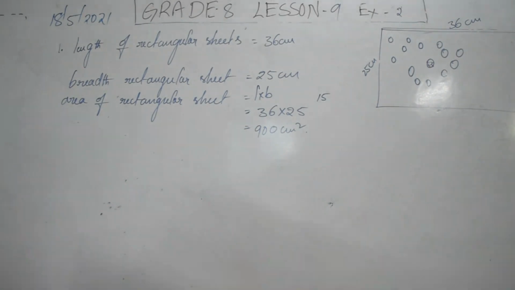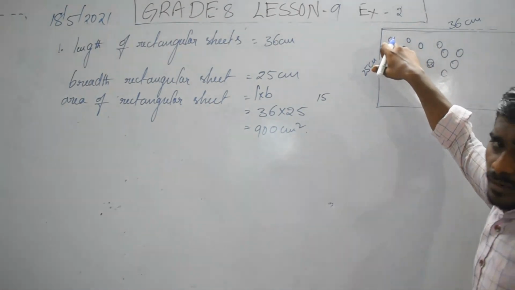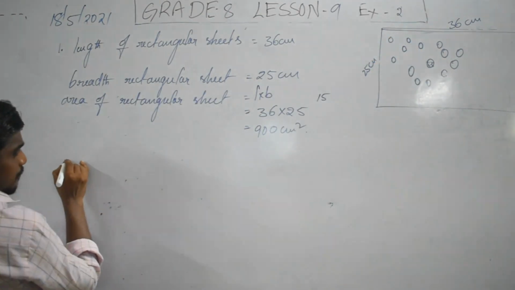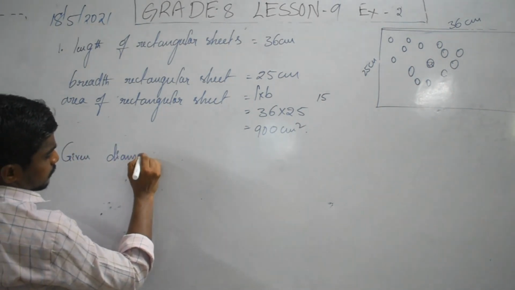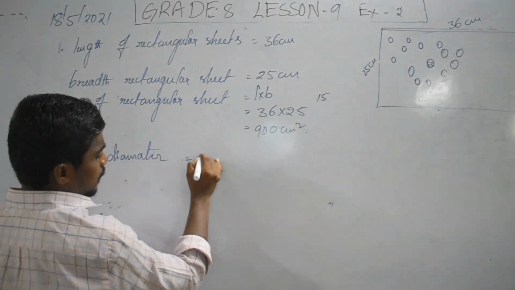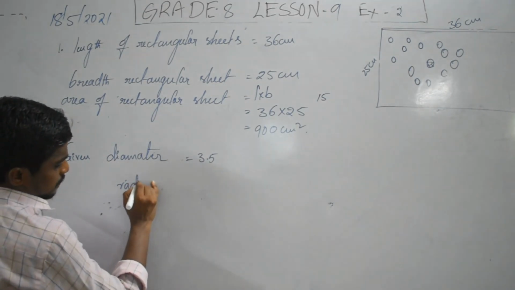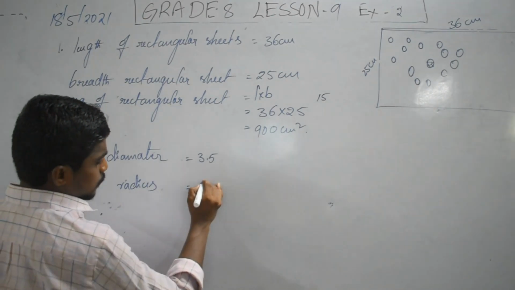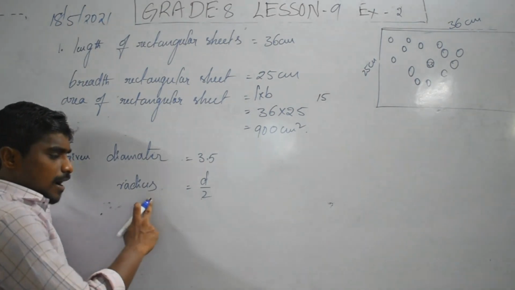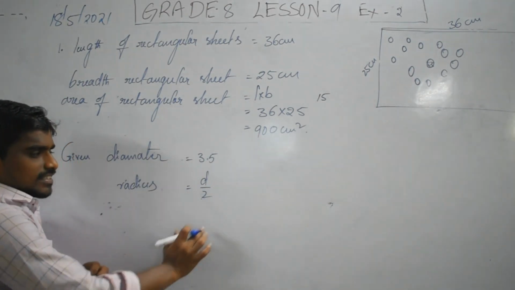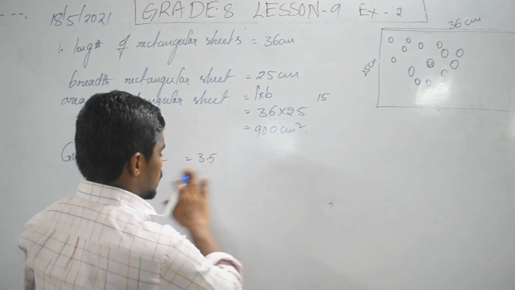Now the area of each button, how much? Here the diameter is given, 3.5. So now the radius equals d by 2, the formula. Diameter equals 2 radius, 2 moving this side, d by 2.